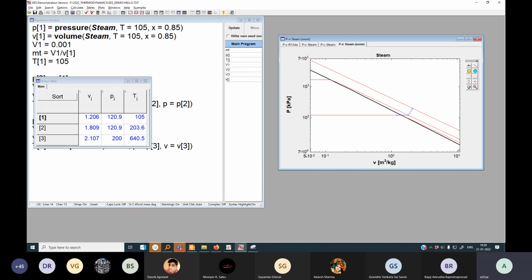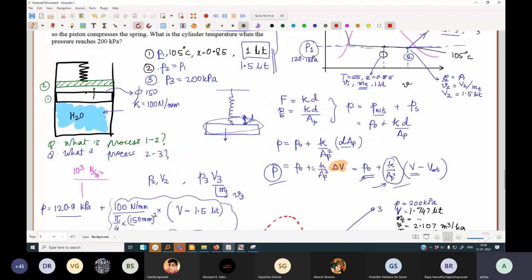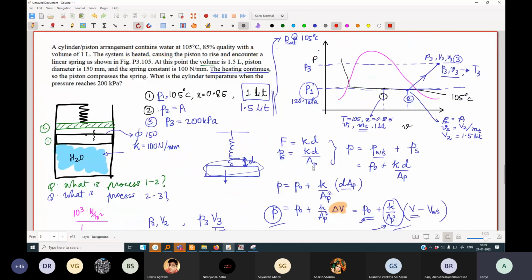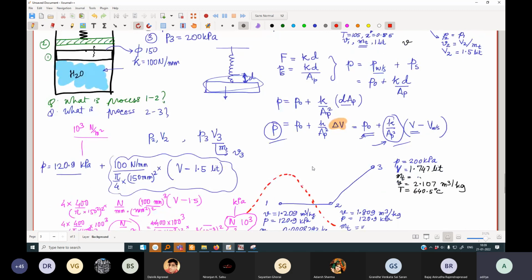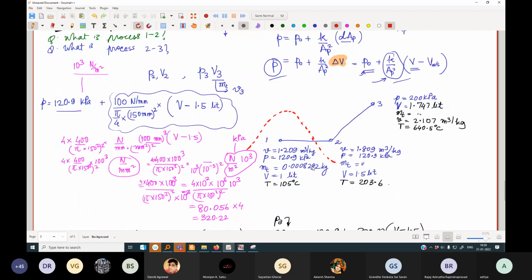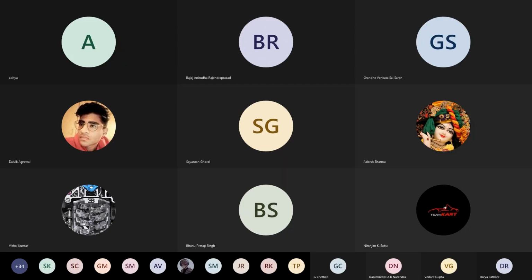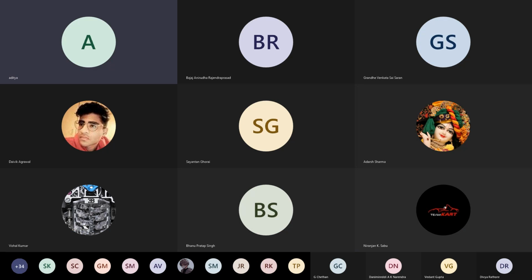When you want to do this all using tables, it's not difficult, it's just a bit tedious. But the chain of logic will remain exactly the same. As per the book, the answer is approximately 641 degrees Celsius.